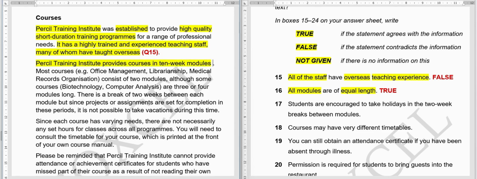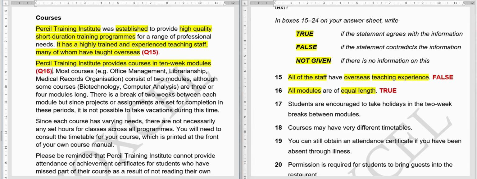So the length of the course is 10 weeks, and the length is the same for all the courses. Between these 10 weeks there are different parameters. For most courses, like office management, you will have 2 modules, although some will have 3 or 4 modules. But all the courses will finish in 10 weeks.